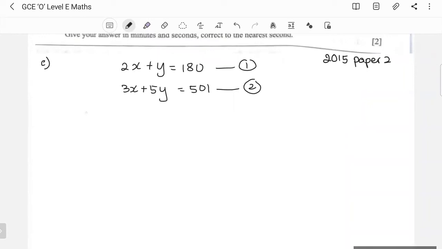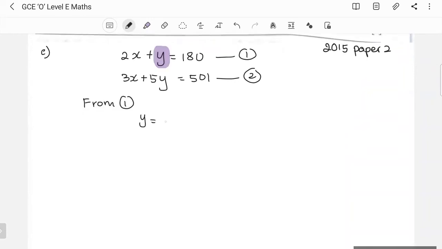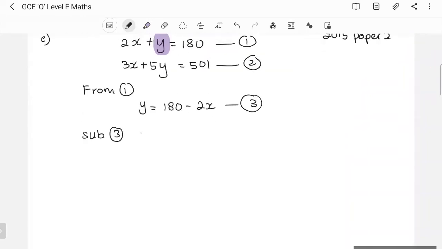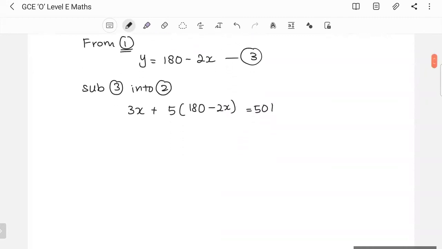Okay, so what I would like to do is sub, because this is a substitution method, equation 3 into equation 2. Remember, we cannot sub equation 3 back into the equation where it's from. You have to sub it into the other equation. Therefore, I have 3x plus 5 multiplied by 180 minus 2x, which gives me 501.